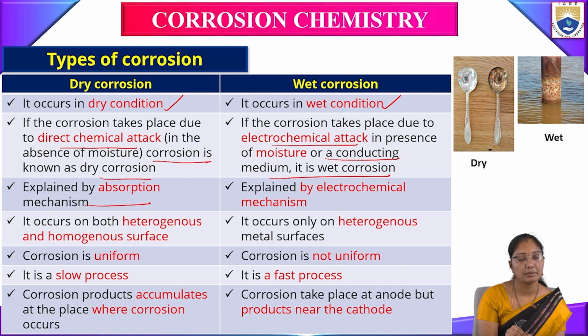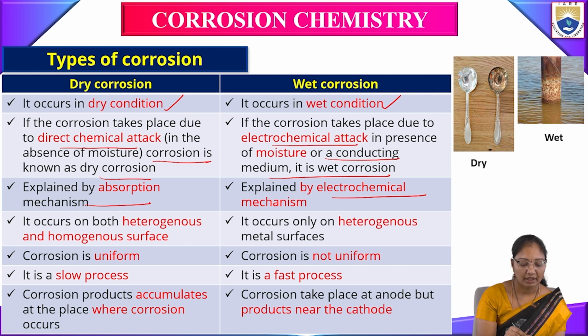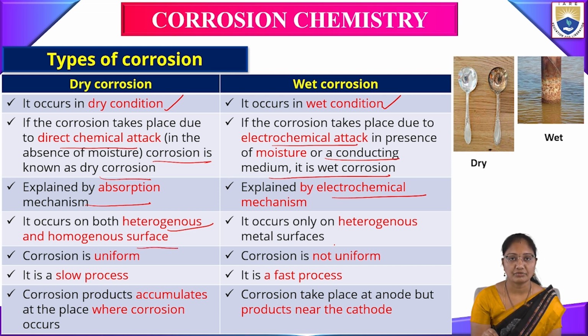Dry corrosion is explained by the absorption mechanism, whereas wet corrosion is explained by the electrochemical mechanism. Dry corrosion occurs on both heterogeneous and homogeneous surfaces, whereas wet corrosion occurs only on heterogeneous metal surfaces.